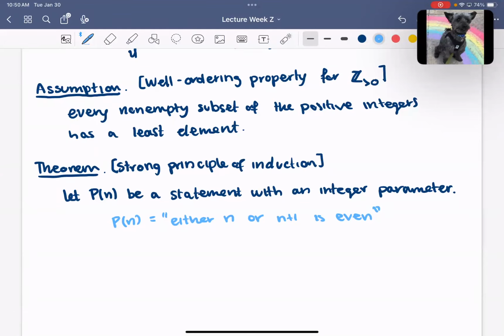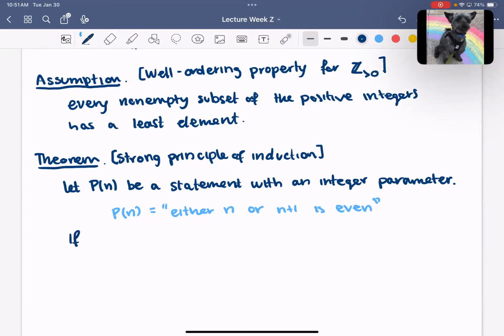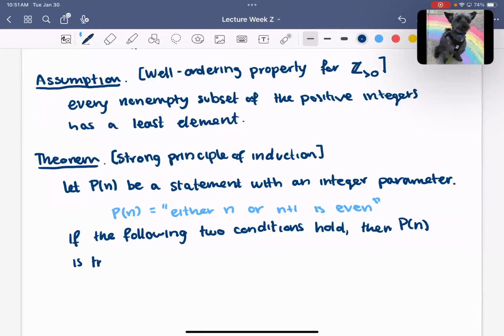Okay, so if P of n is a statement with an integer parameter, then if the following two conditions hold, then P of n is true for every positive integer n.